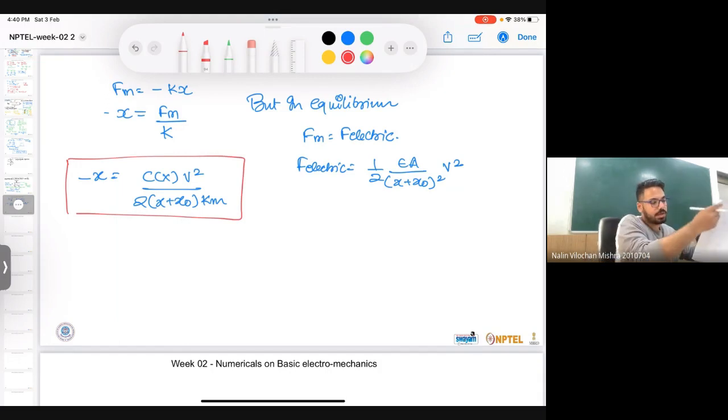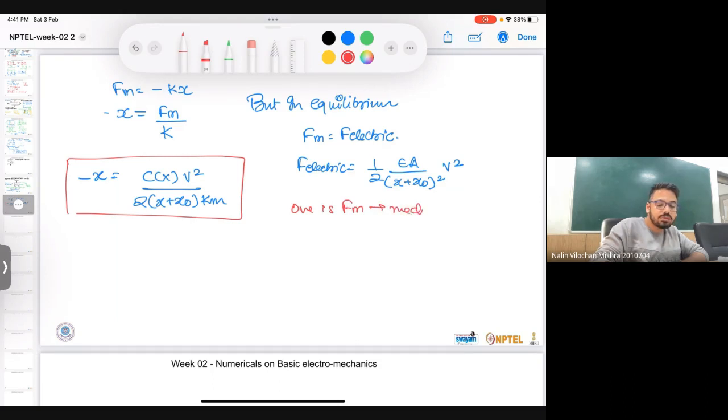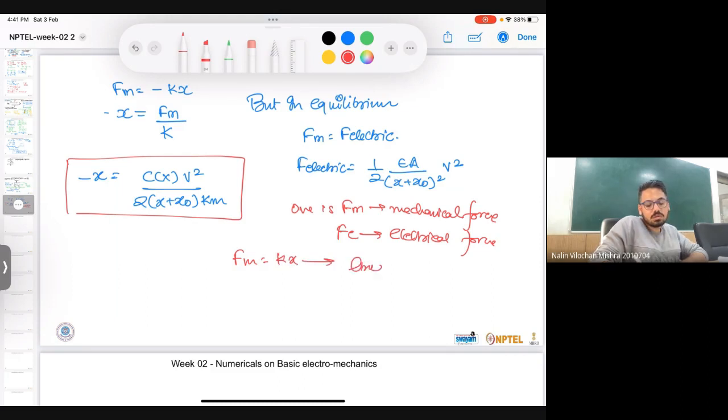So you can solve this quadratic equation. Basically there are two forces here. One is Fm, which is a mechanical force, and another one is Fe, which is the electrical force. Fm is basically k times x, which is a linear solution.